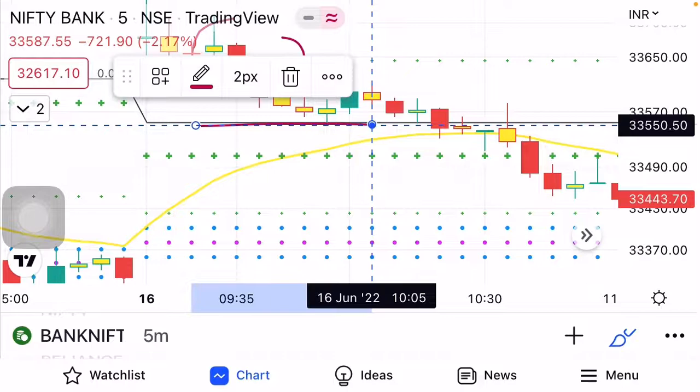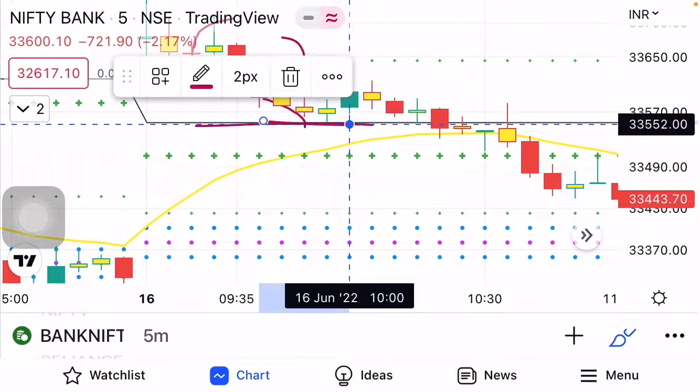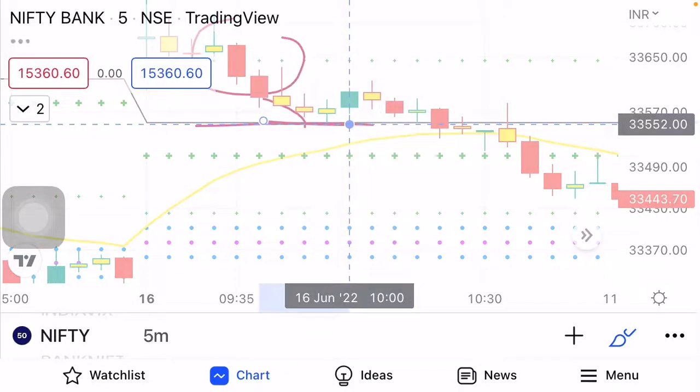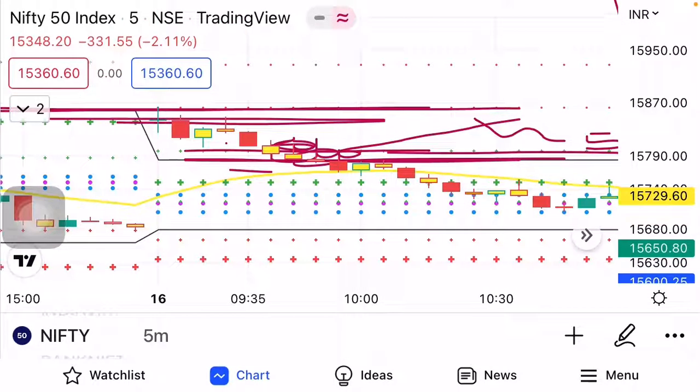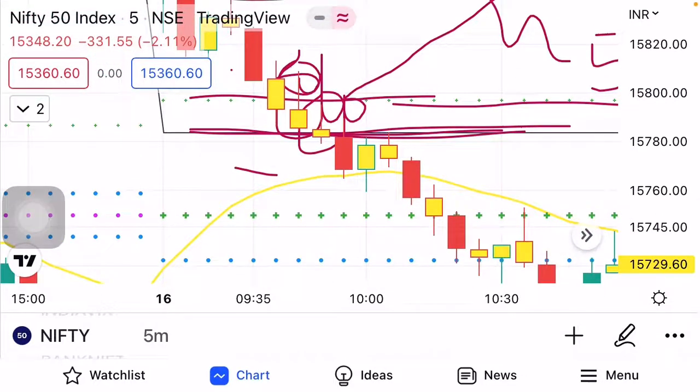So the market will again come to that point, right? If Bank Nifty comes to this point, Nifty will again fall below previous day low. So that was the reason it again came below previous day low.